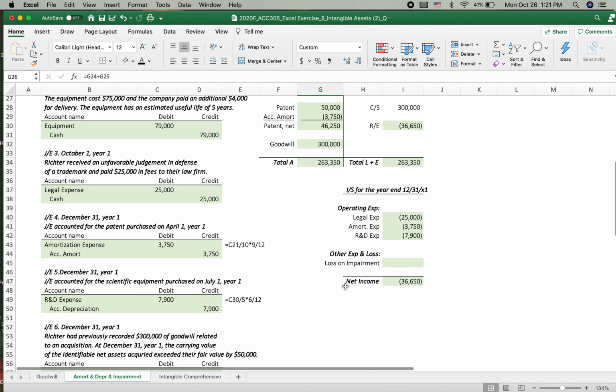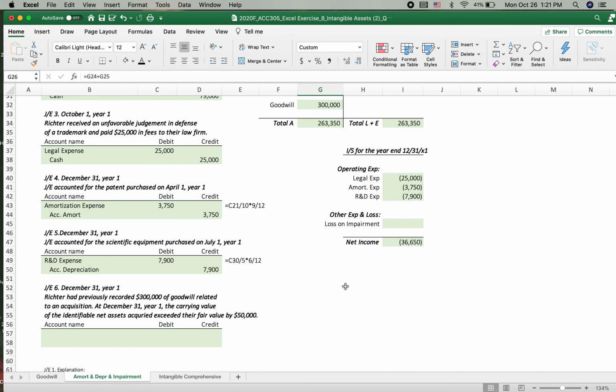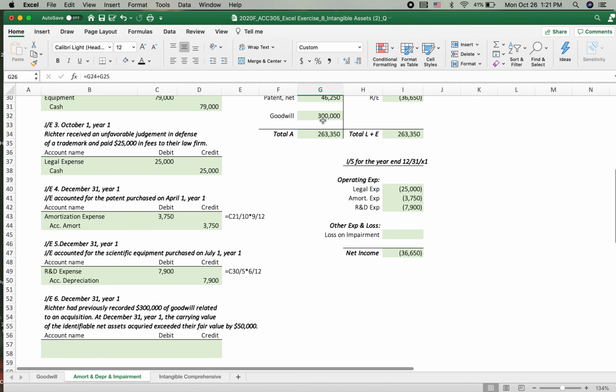Okay. Now finally, Richter had previously recorded $300,000 goodwill related to an acquisition. At December 31st, year 1, the carrying value of identifiable net assets acquired exceeded their fair value by, now the carrying value is greater than the fair value by $50,000.